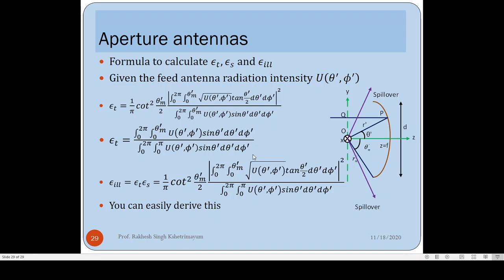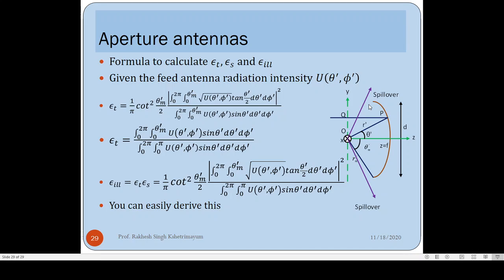So let's look at this diagram here. This is the reflector here. This is the parabolic reflector. Signals which go from this feed antenna are shown by these rays here, blue rays here. You also have some violet rays here. Any signal which follows this path, shown by these violet rays, won't be able to hit the rim of this parabolic reflector, so it will be wasted.